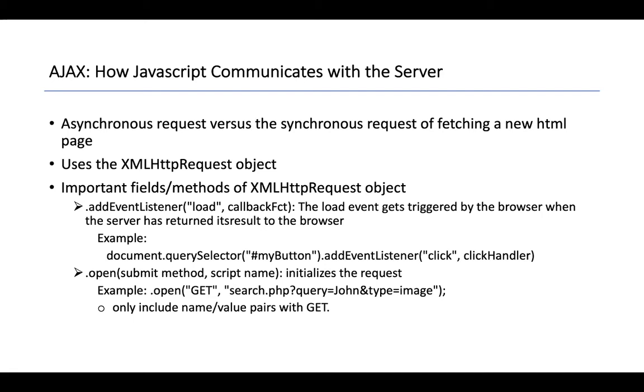Now, yes, you can interact with browser controls, like stopping the load from happening, but that's not the same as the web page content. So AJAX gives us a way to send requests to the server, allow the user to continue interacting with the web page, and then update the content of the web page depending on the results sent back from the server.